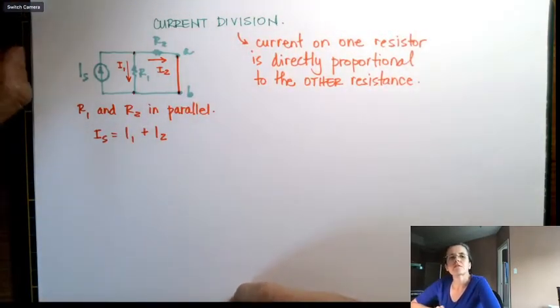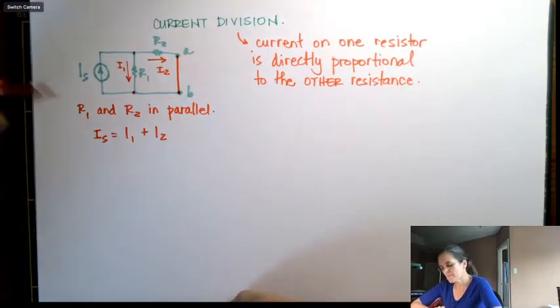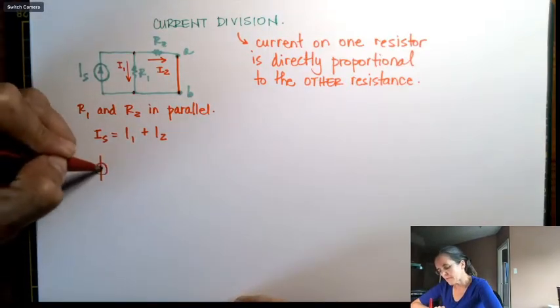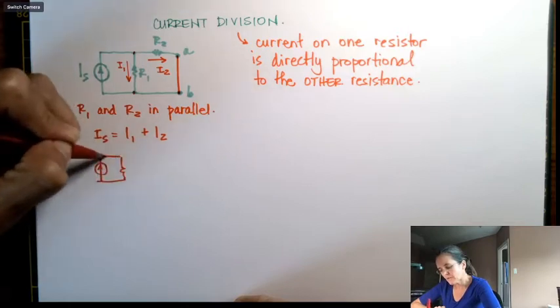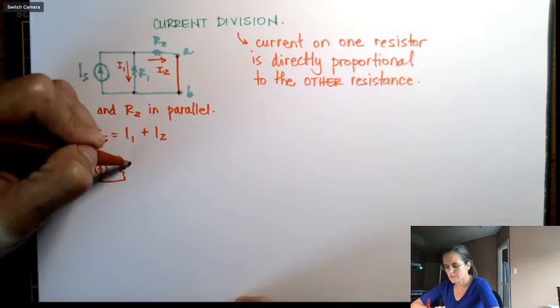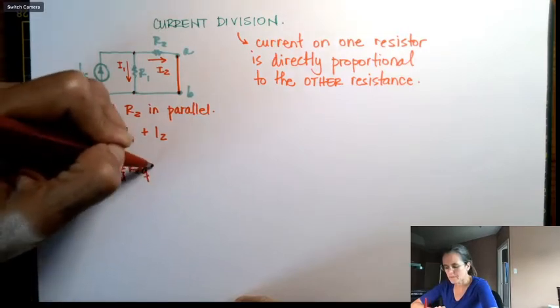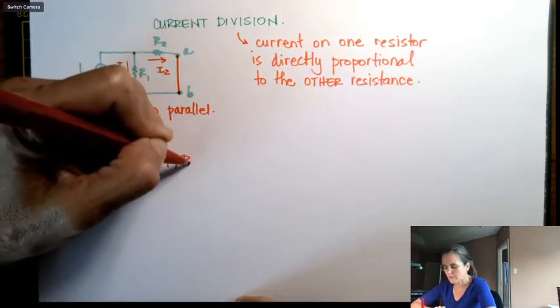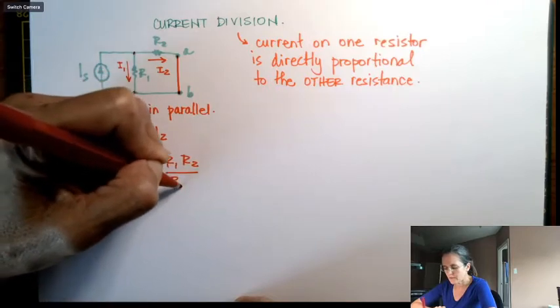And this is very easy to prove using Ohm's law. But first, I'm gonna remind you that if these two are in parallel, I could draw a circuit that has just the current source and the equivalent resistance of the two of them, which is R1 times R2 divided by R1 plus R2.